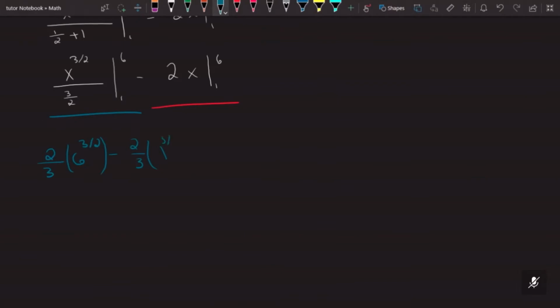And so we have 2/3 times 6 to the 3/2 minus 2/3 times 1 to the 3/2. And that's going to be the first set that we have to solve. And the second part is 2 times 6 minus 2 times 1, which is 12 minus 2, or 10.